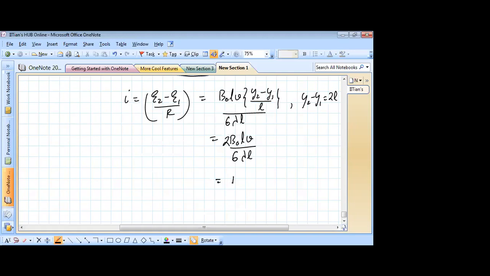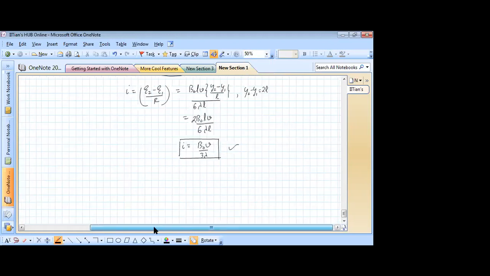So it will become B naught v by 3 lambda. This will be the current. So is this the answer you people were getting? Just check my calculation.